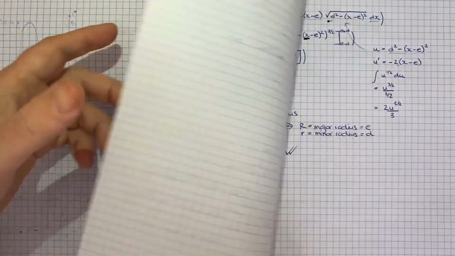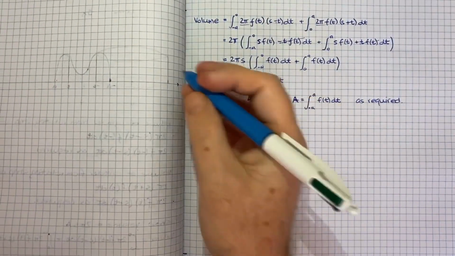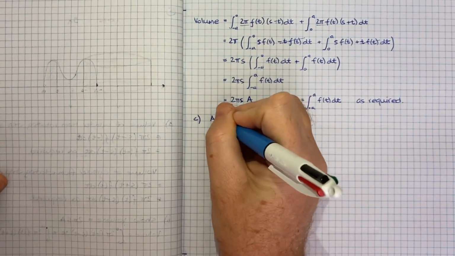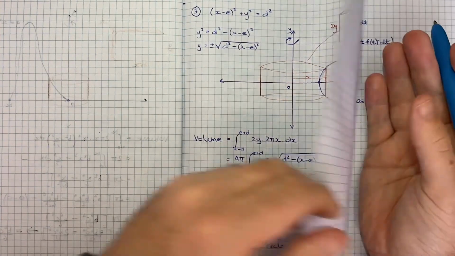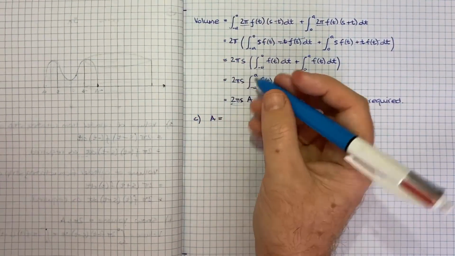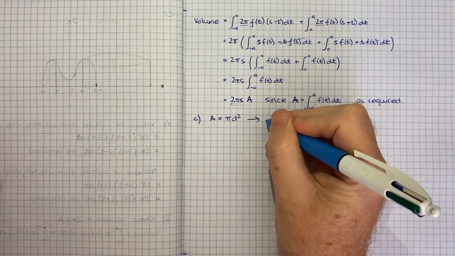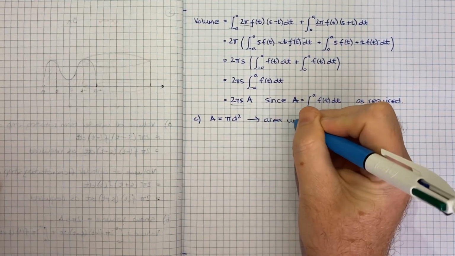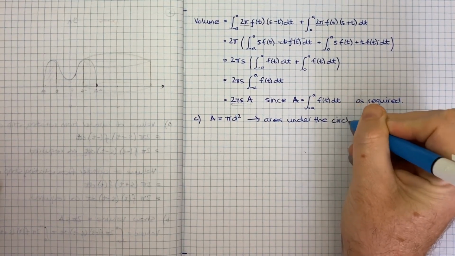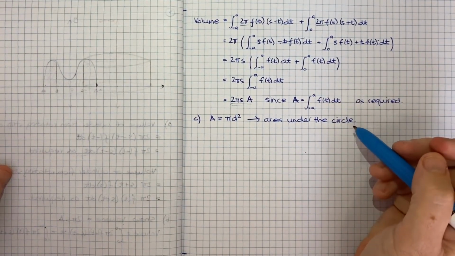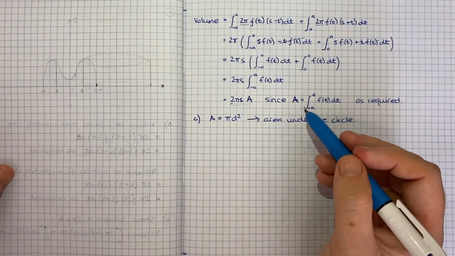And so thinking about this structure, A would be equal to the area inside this circle. Well, if the radius is d, it would be pi times d squared. So that's what our A would be in terms of question 3 and 4.